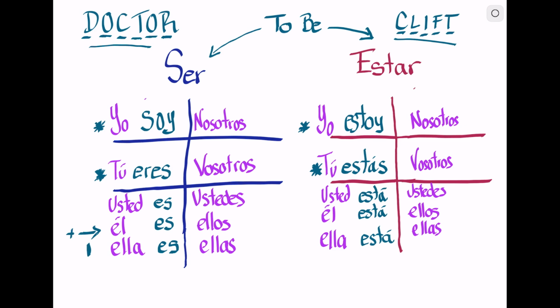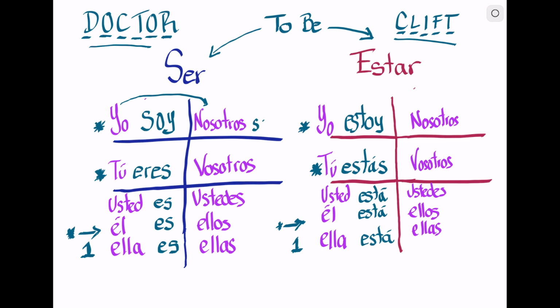He is a doctor, an occupation, so él es. She is in the school, location, so ella está. And remember, all this side is one. Usted, él, and ella is one person or one thing, because we don't have "it". So it's the one we have to use for any kind of thing or person that is one thing.